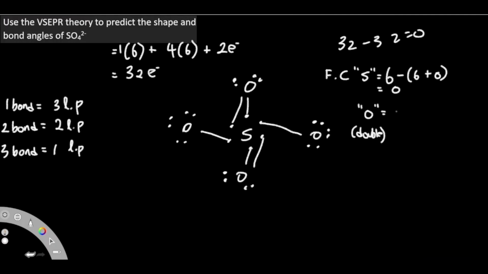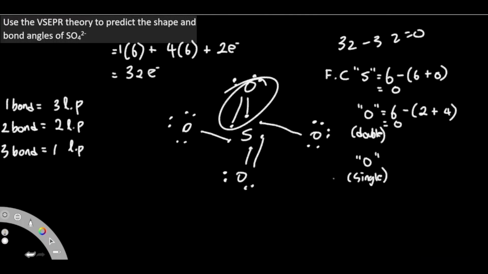This oxygen over here has valence of 6, subtracted by the number of bonds. There are 2, and the number of dots around it is 4, hence you get 0. So far it's looking pretty good. By the way, this double bonded one, which is what we just did, we can do the same thing here as well, but they're pretty much identical, so we can just times 2. Then we do it for the single.